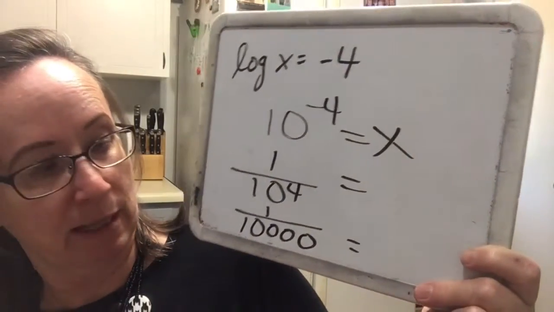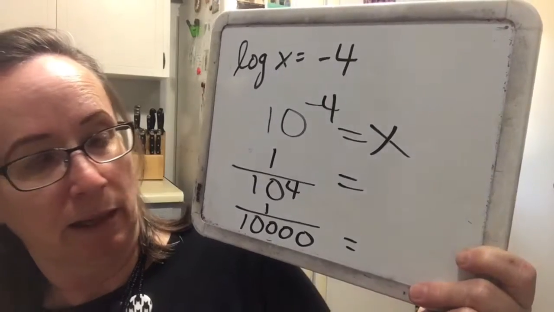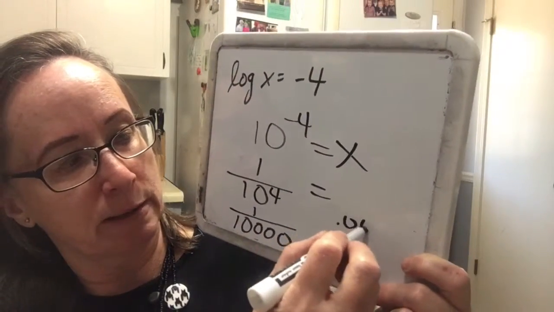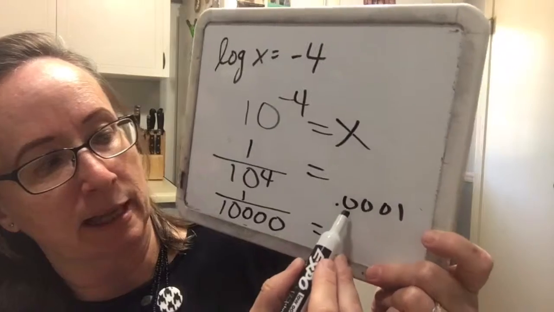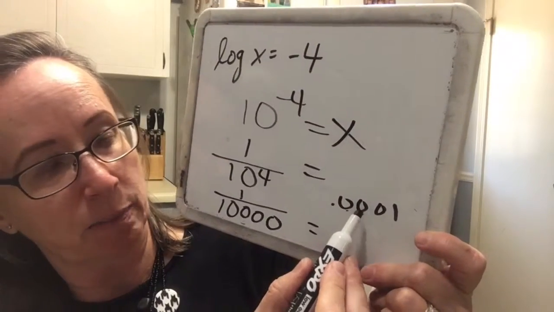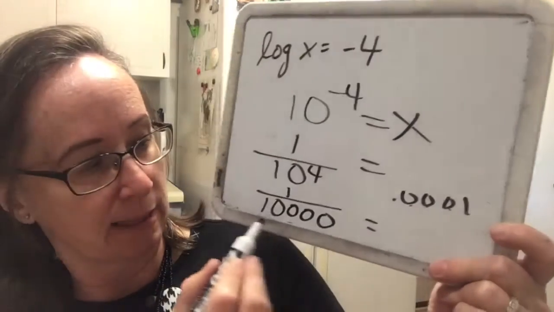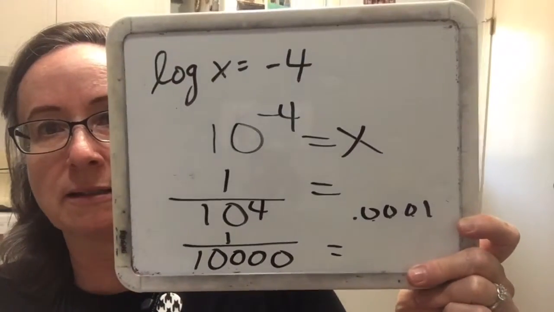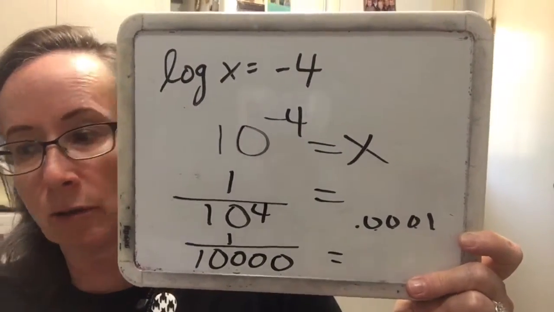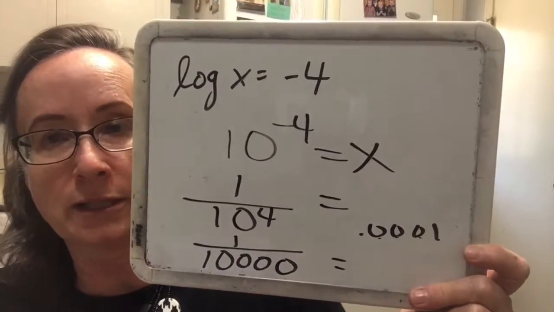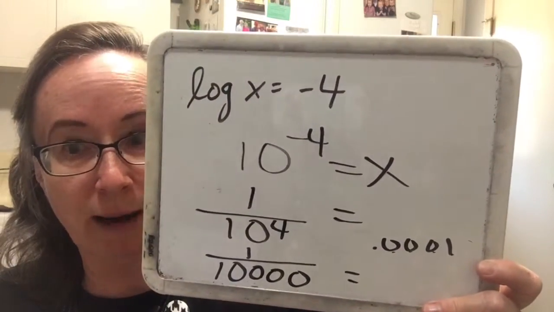That means the same thing. Remember, this is the 10th place, 100th place, 1000th place, 10,000th place, and we have 1 over 10,000. So whether you write it as 0.0001 or 1 over 10,000, they are both correct.